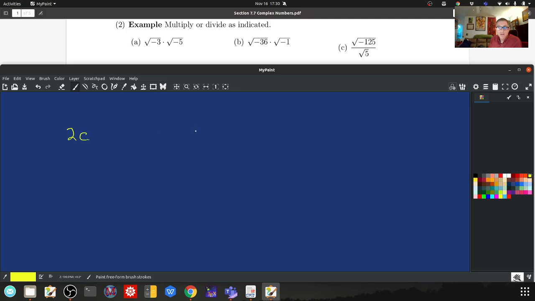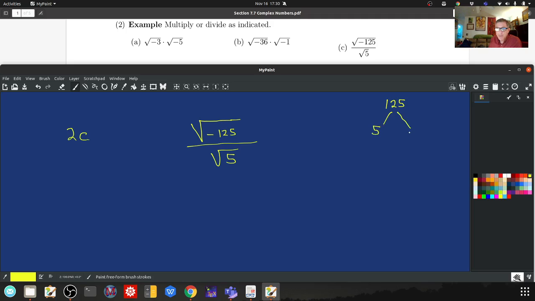To C. So we're going to do the square root of minus 125 times the square root of 5. So we don't have a quotient rule we can use right here. We could extend it, but we've not been given the quotient rule yet. So let's factor 125. 125 is obviously divisible by 5.